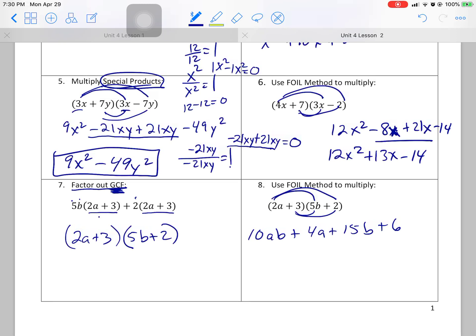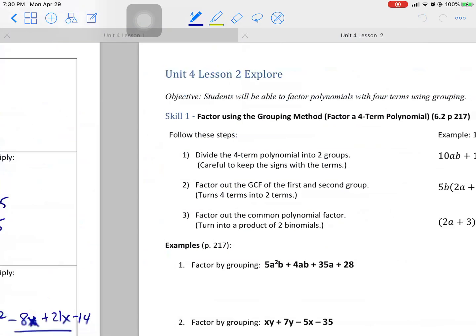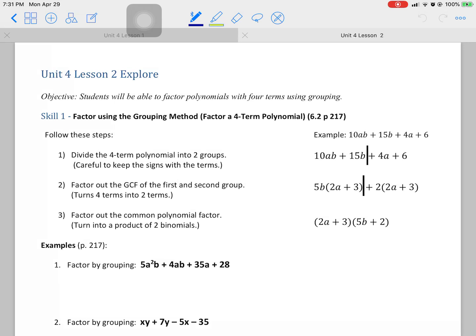So sometimes when you FOIL, you end up with 2 terms. Sometimes when you FOIL, you end up with 3 terms. Sometimes when you FOIL, you end up with 4 terms. So as we move along, we're going to be factoring 4 terms, 3 terms, and 2 terms. Okay? So, tell you what, let's do this on the next video.